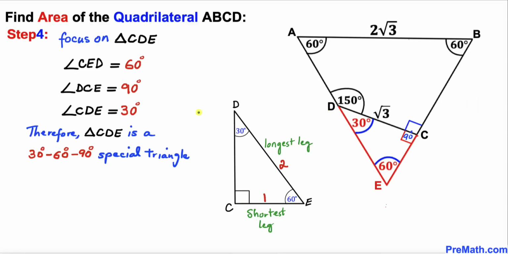In such a special 30, 60, 90 triangle, always remember that the longest leg is twice as much as the shortest leg. If we use the Pythagorean theorem, with side CD being square root of 3, then side length EC is going to be 1, side length DE equals 2, and side length CD is square root of 3.